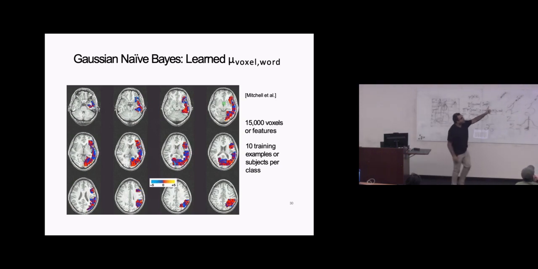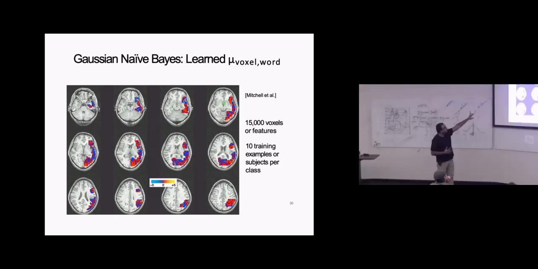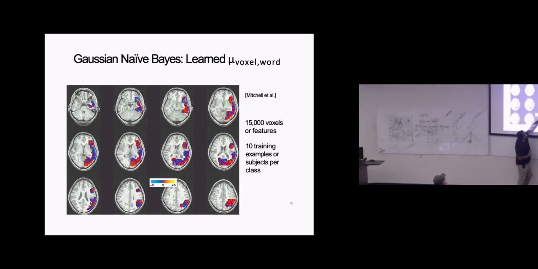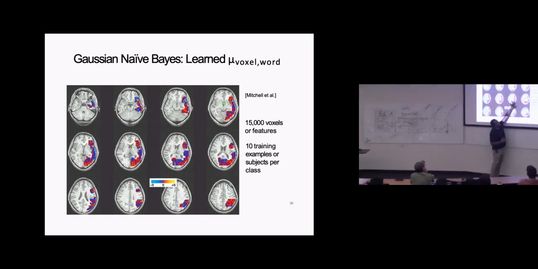For each different type of word, they computed a mu. This shows the mu of each voxel for a particular type of word. Different types of words create different firing of the neurons. This one activates just this part of the brain, but this type of word activates some other parts of the brain.